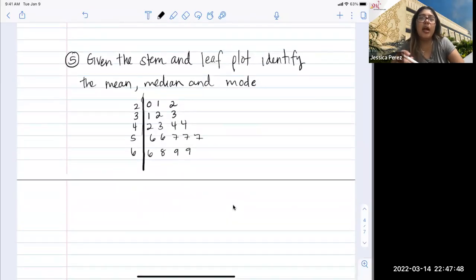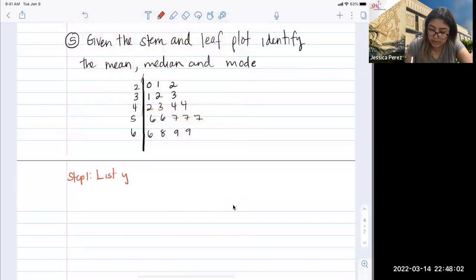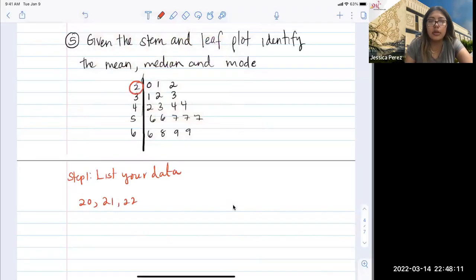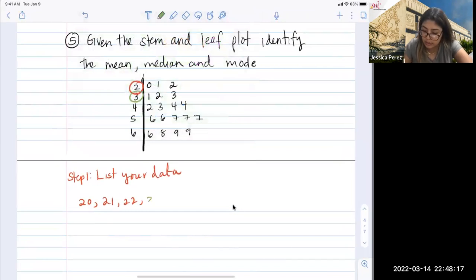Given the stem and leaf plot, identify the mean, the median, and the mode. Well, first we have to write out the whole data. So step 1, list your data. So how do I list my data? Well, this is 20, 21, and 22. Remember, this is a coefficient. The next one is 31, 32, and 33.